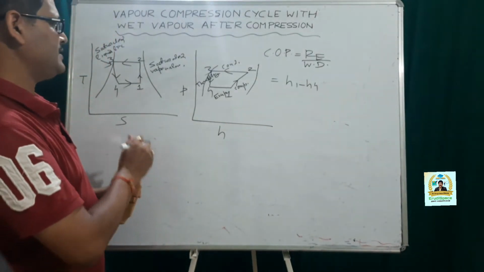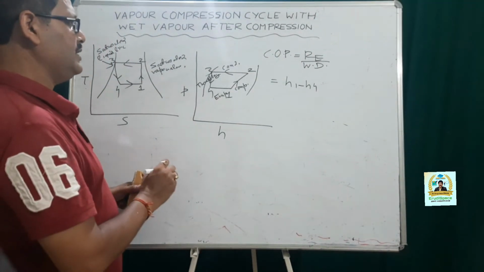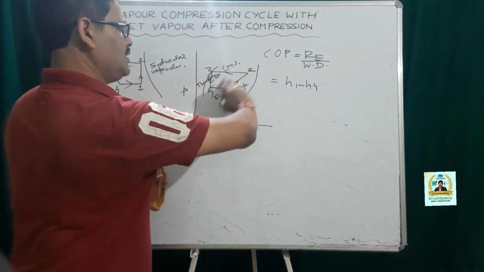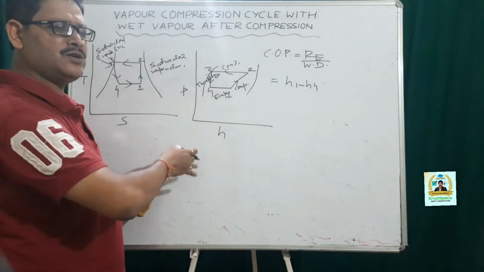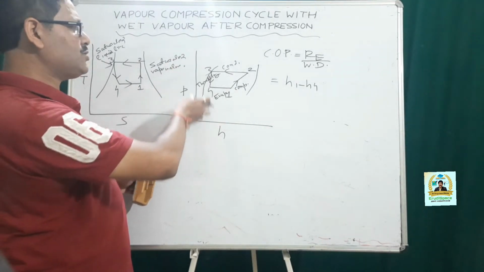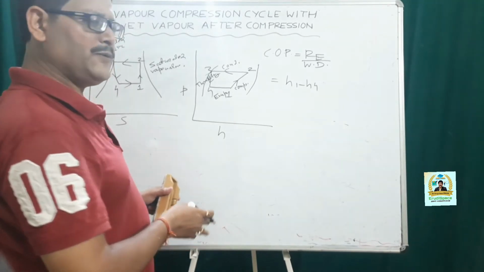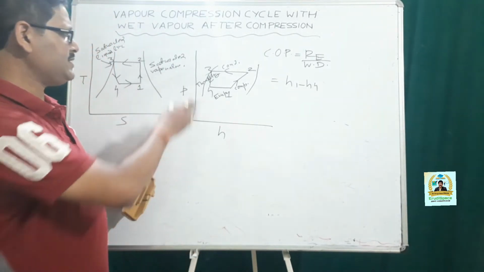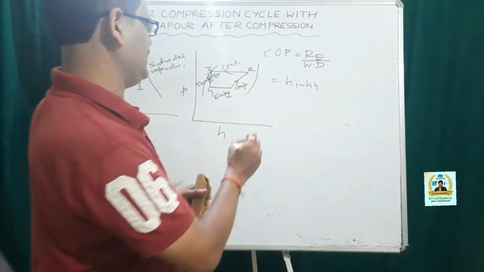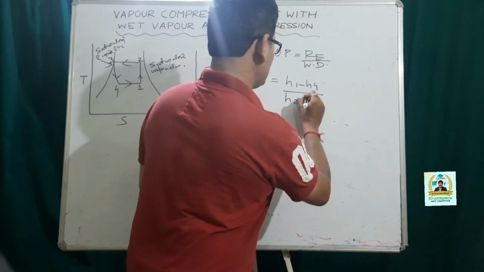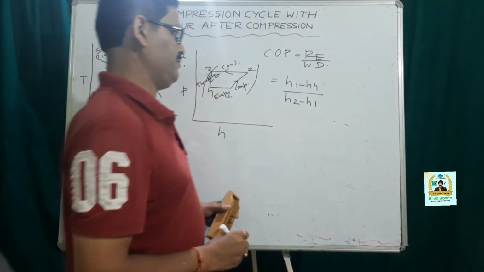And as far as the work done is concerned, it is the work done in the compression, because we do not get any work output when it passes through the refrigerant control valve or throttling valve, because this is an isenthalpic process. So compression work is H2 minus H1.